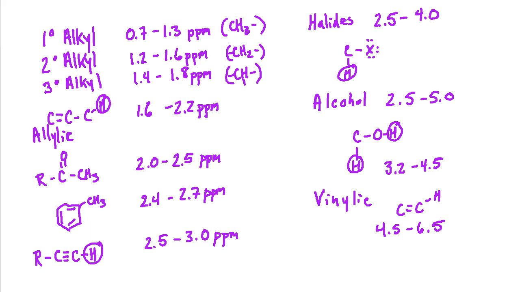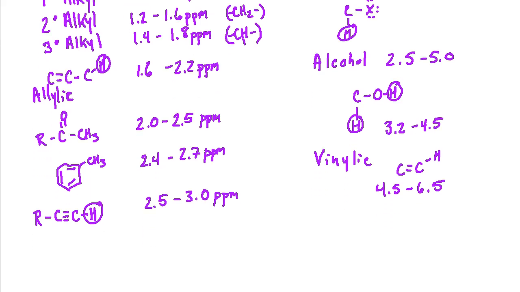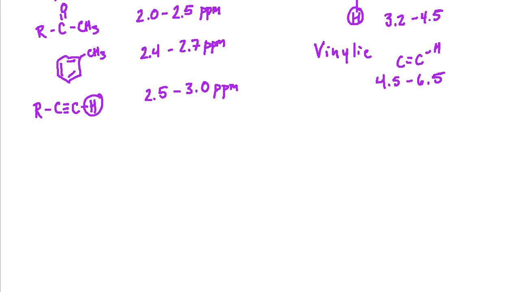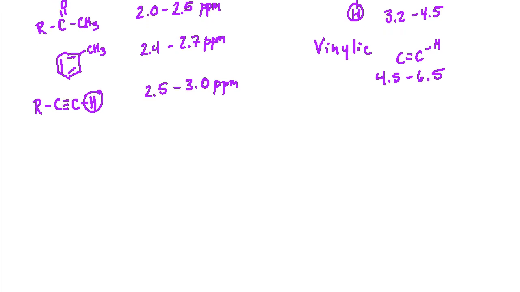All right, so we're getting close to the end of the trends here in terms of the most common ones you're going to see. However, there are a few more that are very important to talk about. So if you remember, I was discussing aromatic a minute ago, and I said, oh, we're going to come to this example.